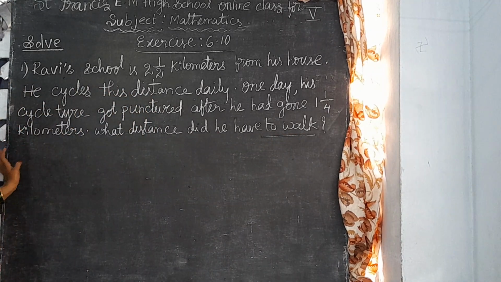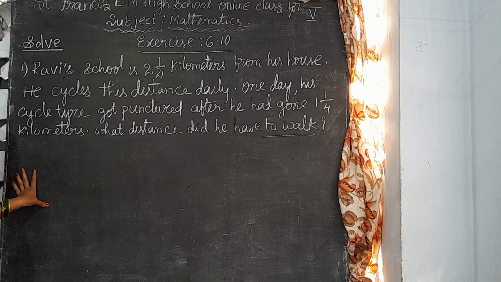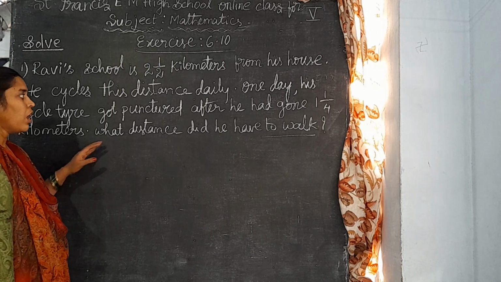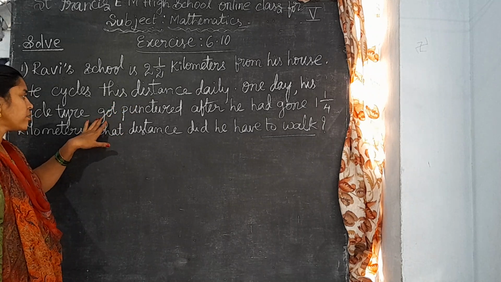This is the question. What is given? The distance from Ravi's house to school is given. How much? 2 1/2 kilometers. Right? And daily how does he go? By cycle. Next, one day what happened?